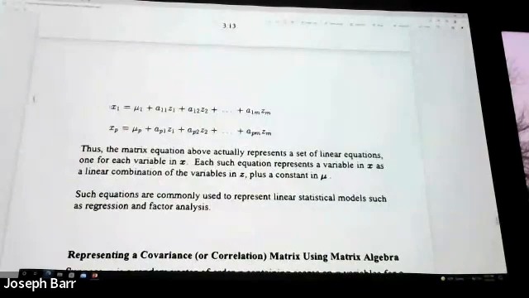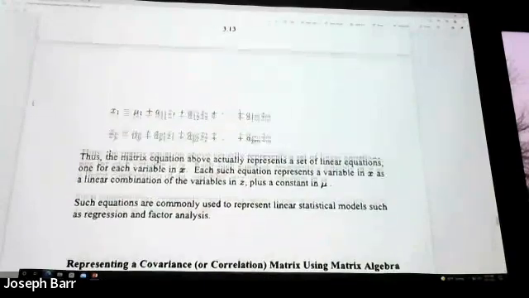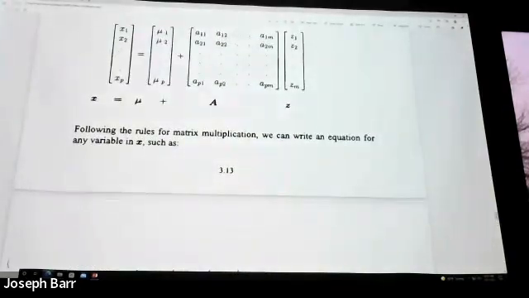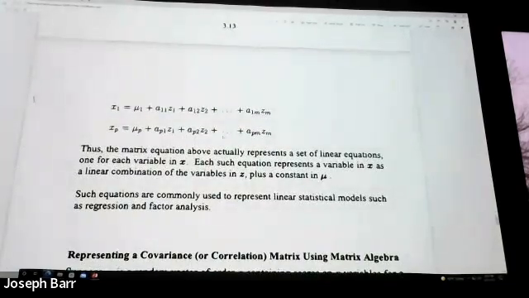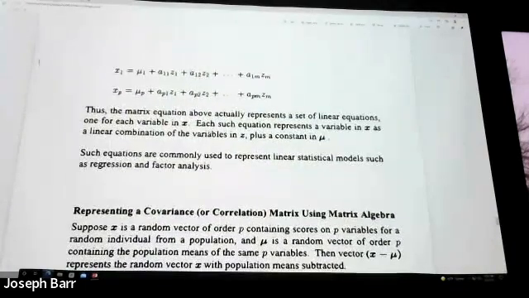So x1 is mu1 plus, this is a multiplication, a11 times z1, a12 times z2. So it's just a linear combination of these components, these elements. And xp is this form. So the equations of the matrix just tell us the relationship of all of these numbers.